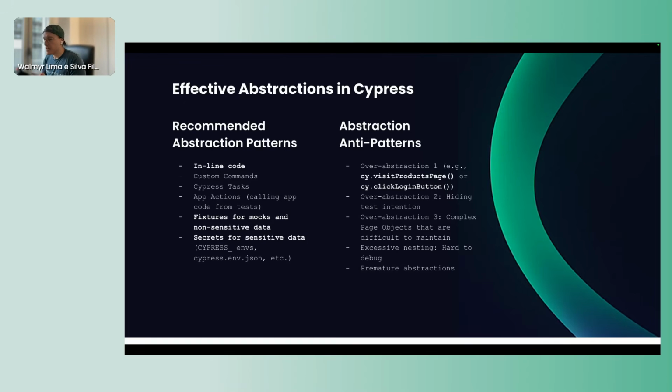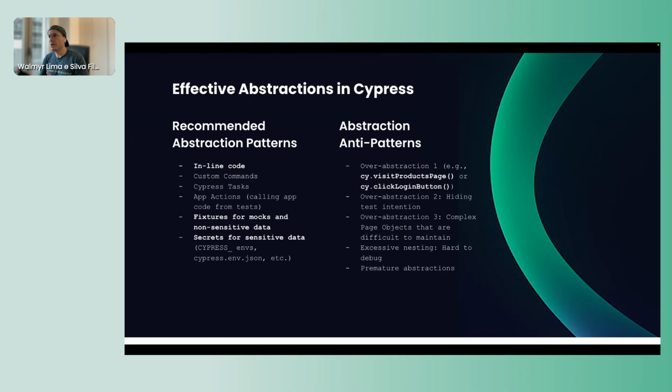What I'm going to say here might sound weird to many of you, but as I said in the beginning, Cypress is very different from other traditional test frameworks. And because of that, it should be used differently. You shouldn't bring the old school ways of writing tests to Cypress when Cypress has a much better API.